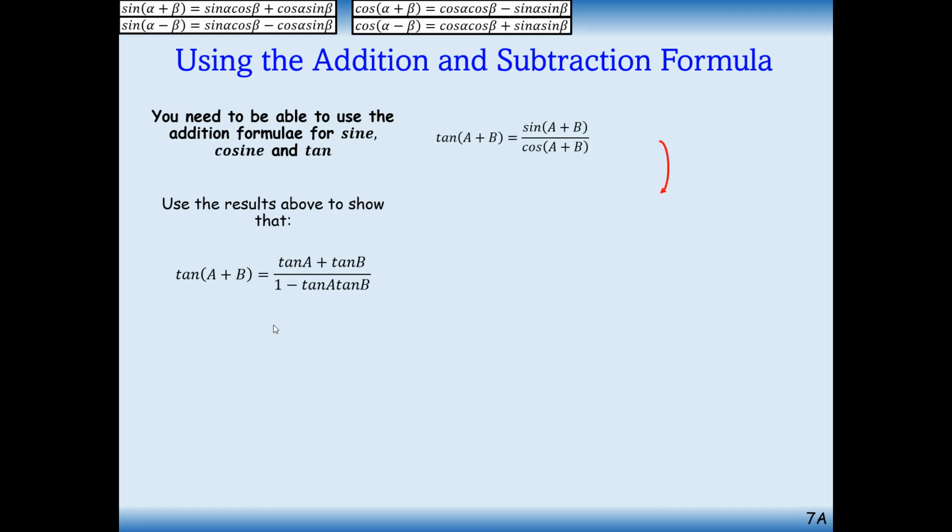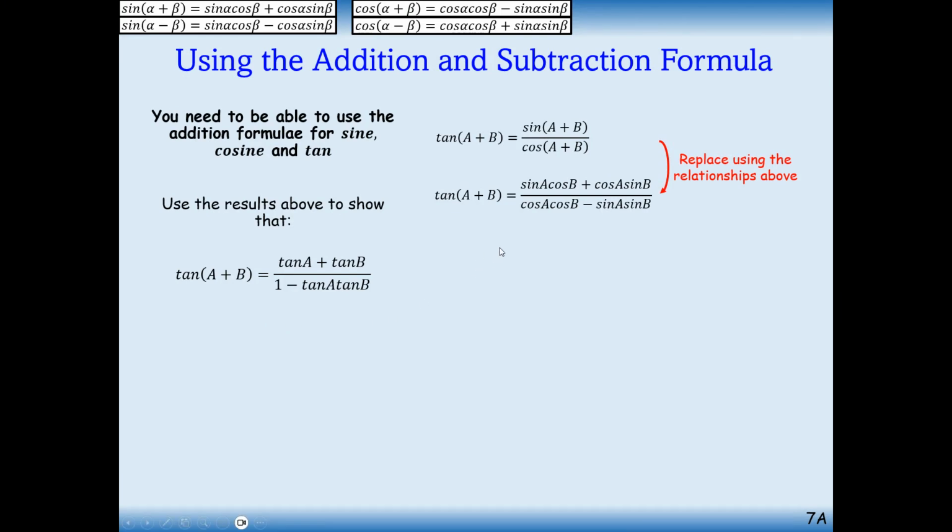Now, using the formulas that I've put on top of the page, we can rewrite that as sine a cos b and so on. That's just using the formulas that we derived in the previous part of the video.